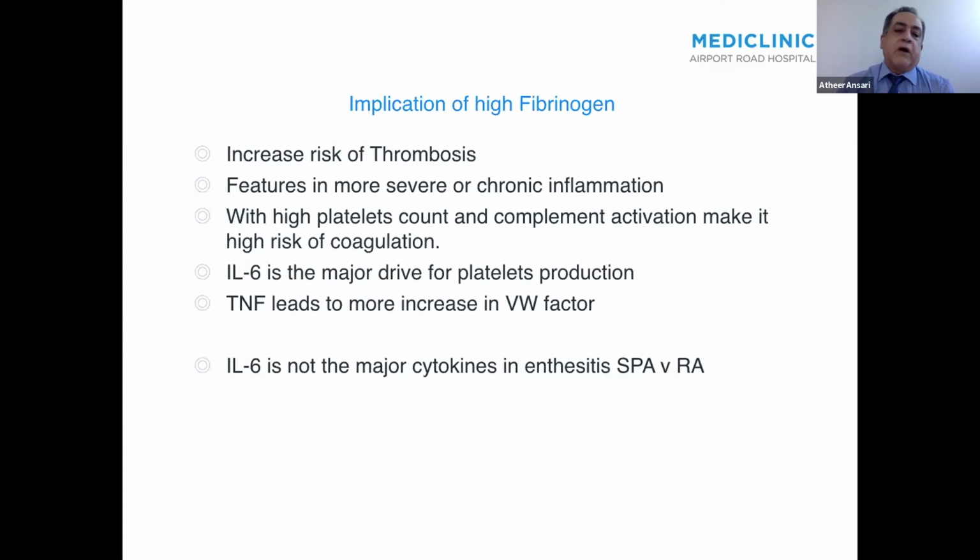It can lead to a high platelet figure, and also can trigger IL-6 in some way. TNF leads more to increased von Willebrand. These are all the causes why they contribute to atherosclerotic and clotting disease in inflammatory conditions.